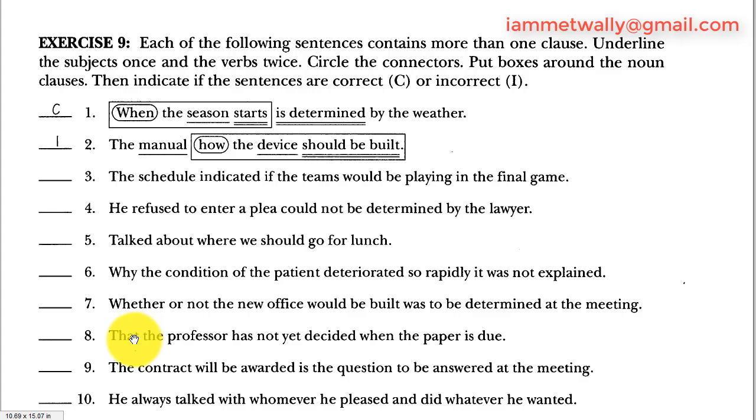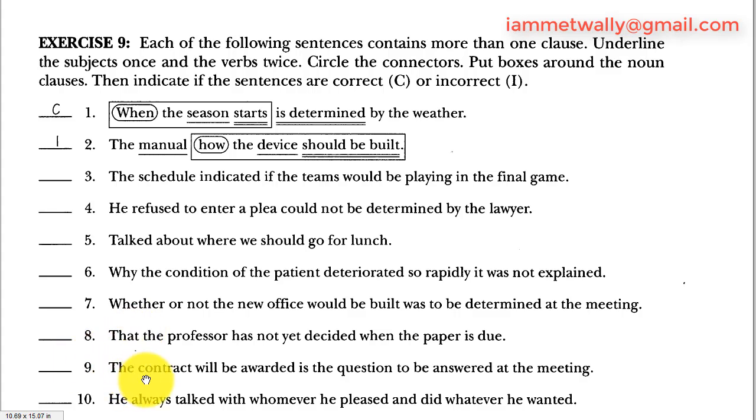If I removed the extra that here, it would have been the professor hasn't yet decided when the paper is due. It would be correct this way. But adding that, which functions as a connector, requires another verb after the whole clause finishes. So for example, it would have been that the professor hasn't decided yet when the paper is due made me angry. So either add a verb or remove that to make the sentence correct. But this sentence 8 is incorrect.